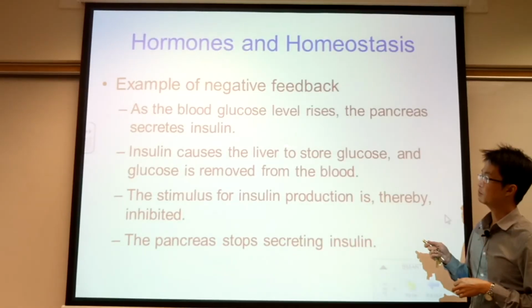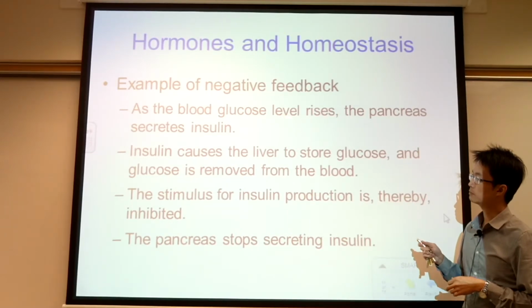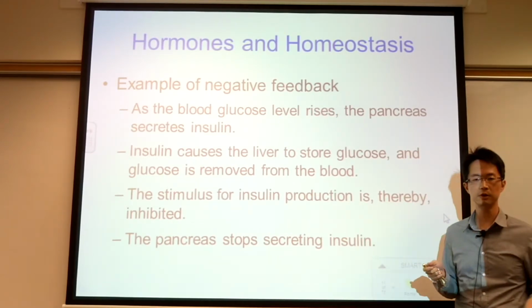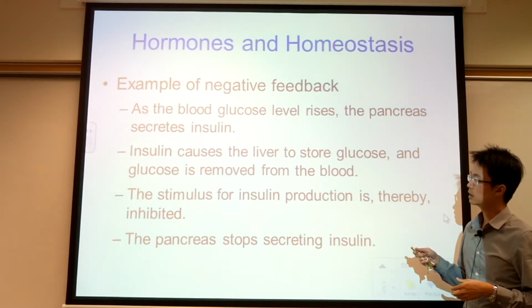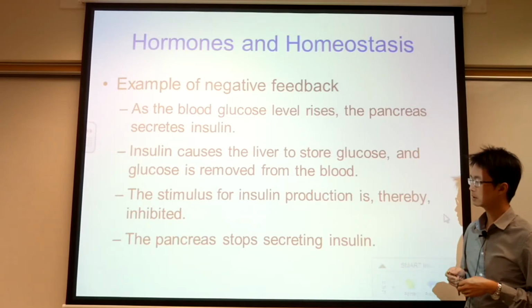So this is an example. If we have a high blood glucose level, let's say after we eat a meal, then the pancreas will secrete insulin. Insulin will tell the liver to store glucose, and then glucose is removed from the blood.